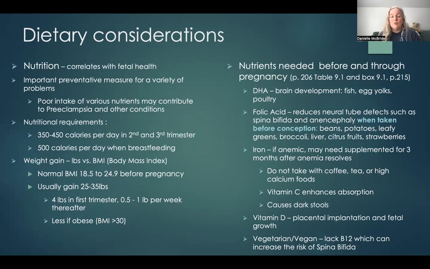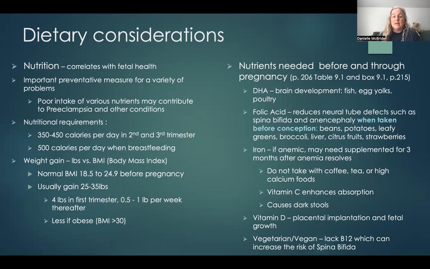And the first trimester is only like 4 pounds of it. Okay, because there's not a lot of significant growth happening at that point. We're not building up a lot of fluid and all those things until later. And so it's only like 4 pounds in the first trimester, and then about a half a pound to a pound a week for the rest of the pregnancy.